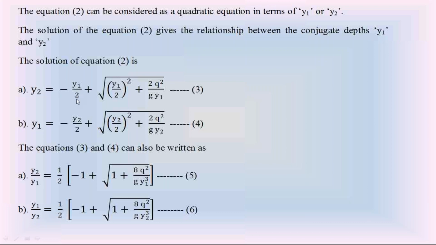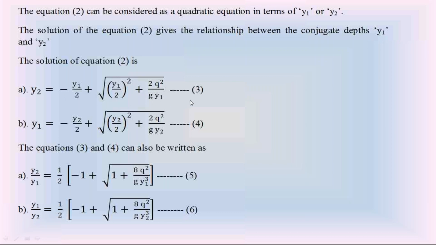Then equation 3 becomes y2 is equal to y1 by 2 into minus 1 plus root of 1 plus this third term, because I am taking y1 by 2 whole square out of the root. The third term becomes 8q square by z y1 cube.